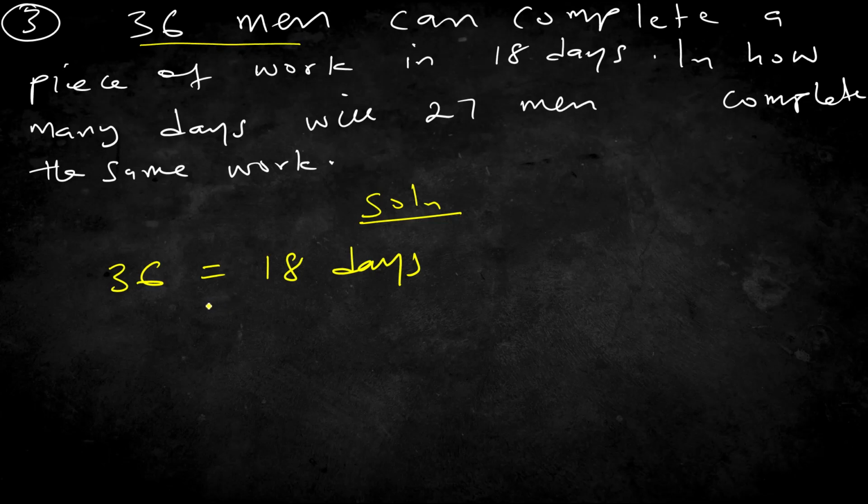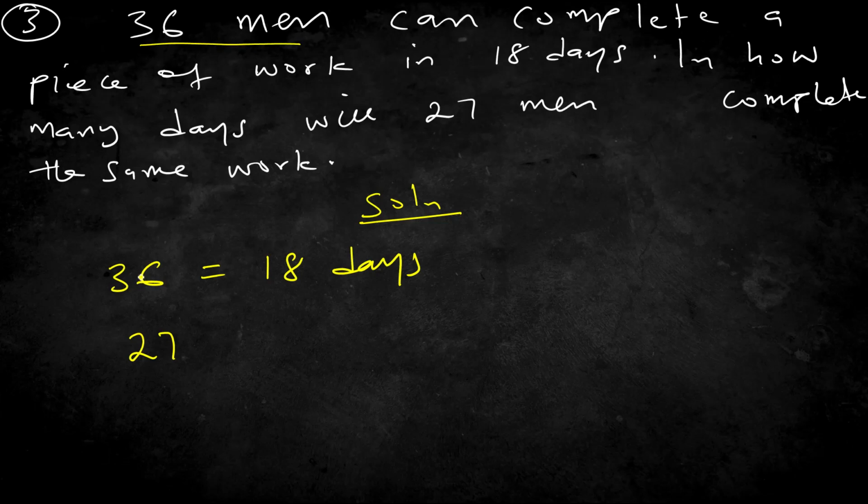And the question says, in how many days will 27 men complete the same work? We know any number less than 36 will use more days. So 27 men are going to use more days because they are less than this.